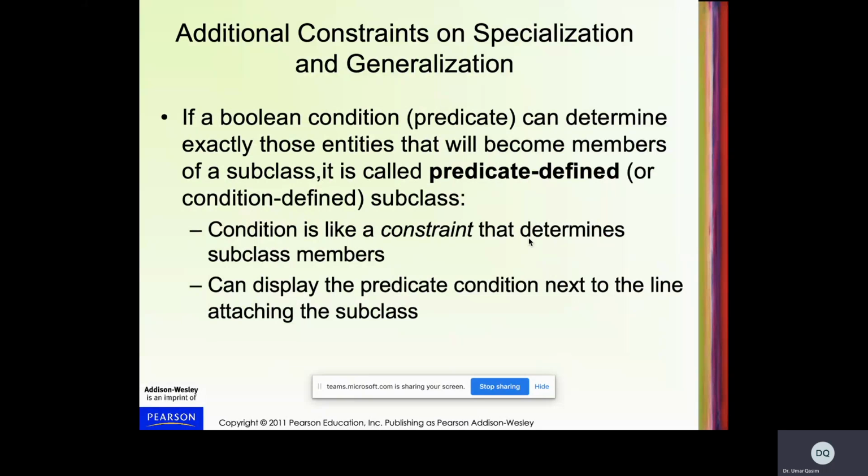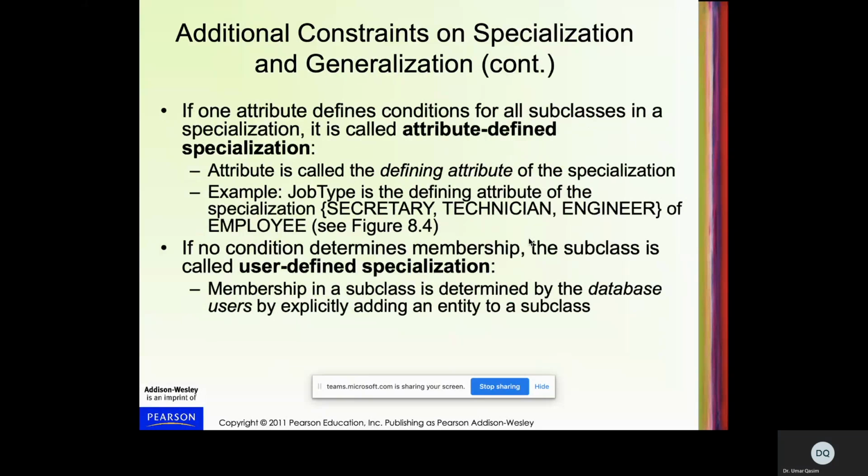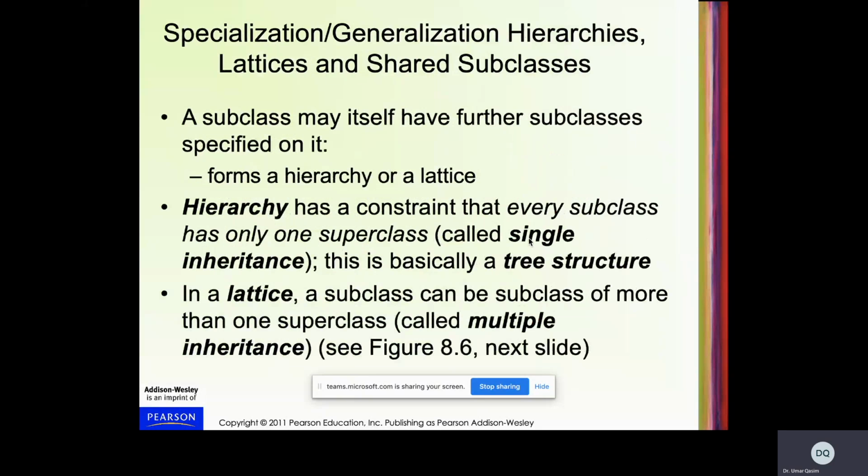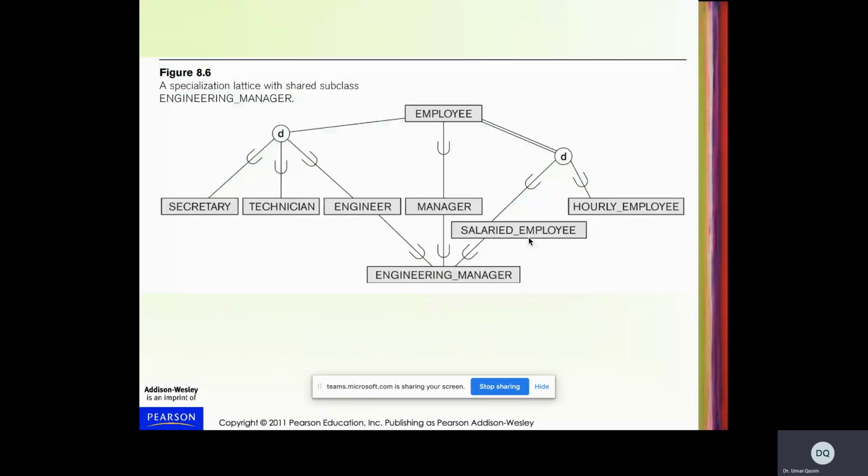So let's look at how we show these relationships. One case is that we go with a hierarchy. A hierarchy is like a tree structure. You start with something and then you have only two options, and from the next you have two options.